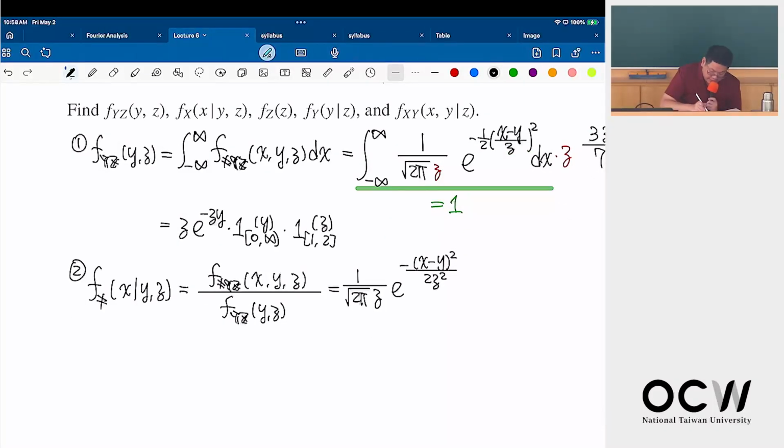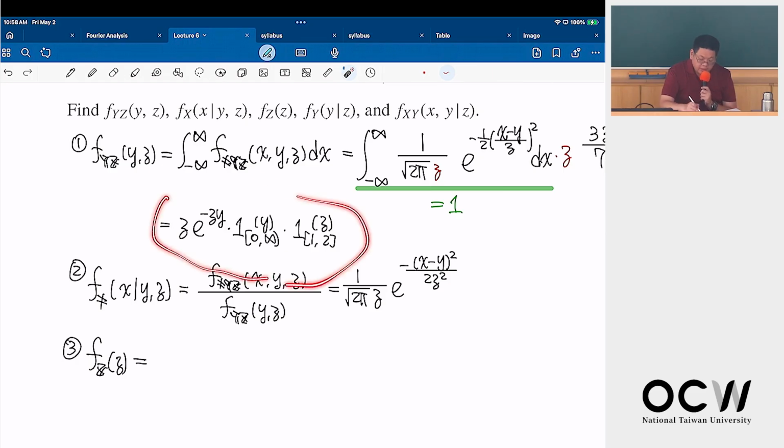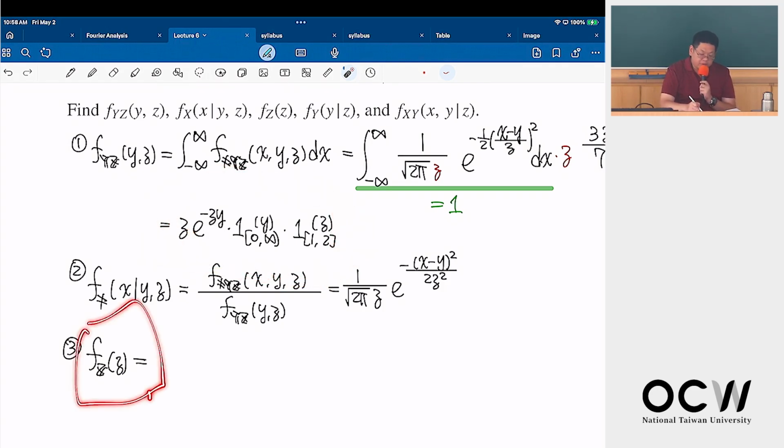How about the PDF of z? To find the PDF of z, we have the PDF of y, z. So we can think about this as our joint distribution, and then f of z will be the marginal PDF.